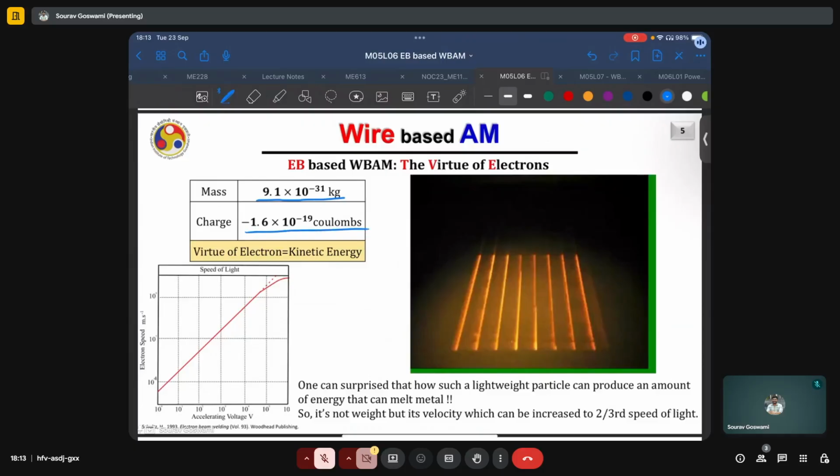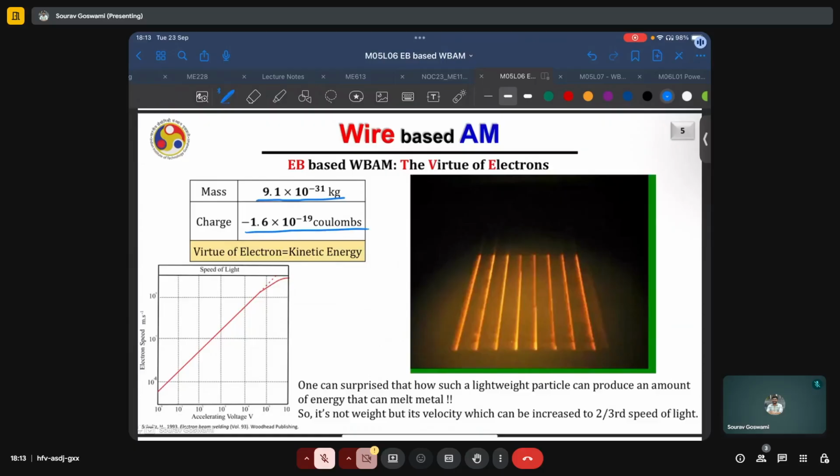And so the question might arise that a particle which is so light and also has such little charge, how do we leverage it to melt metallic materials which can have very high specific heat capacities, of the order of say 400 or 500 joule per kg, or melting temperatures easily in excess of 1300, 1400 degrees C?